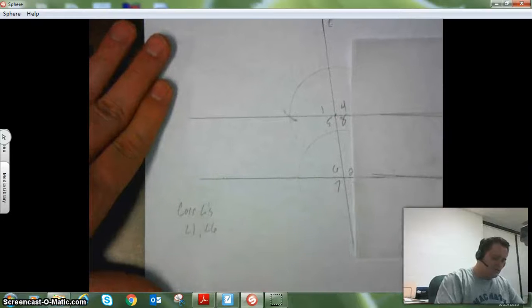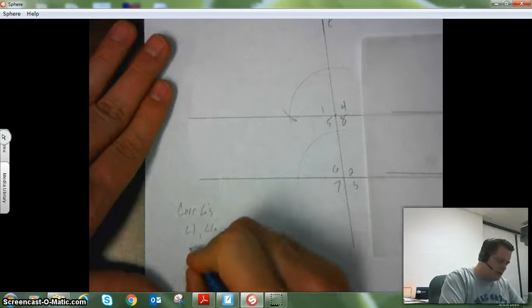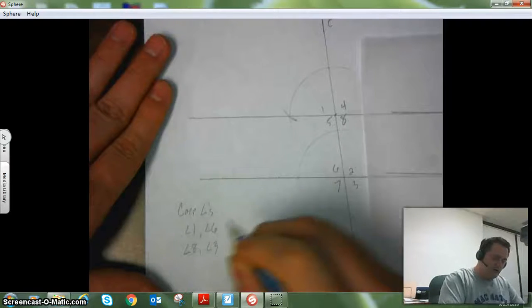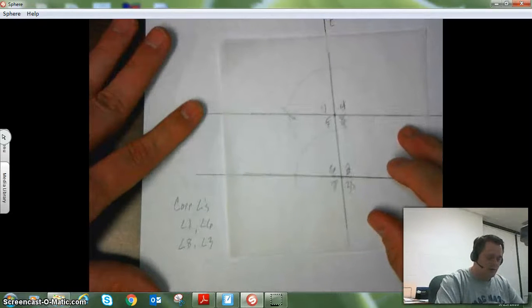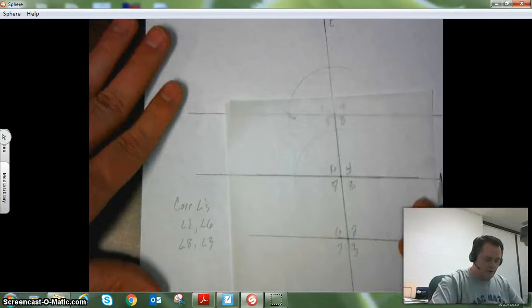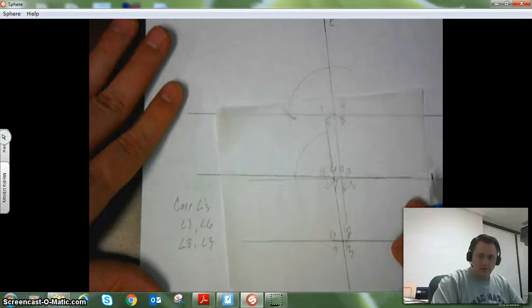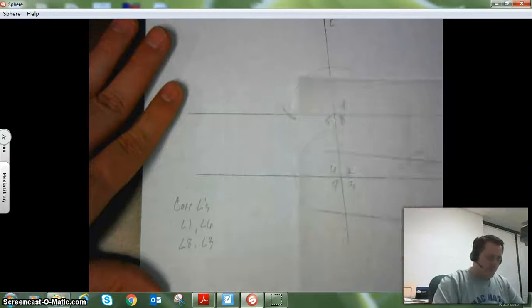So let's try another one. Let's say 8 and 2. I'm sorry, not 8 and 2, 8 and 3. So let's say angle 8 and angle 3. Let's see what we notice here. Starting here, I'm going to take angle 8 and put it where angle 3 is. And same thing, you can see that those angles are identical to each other.